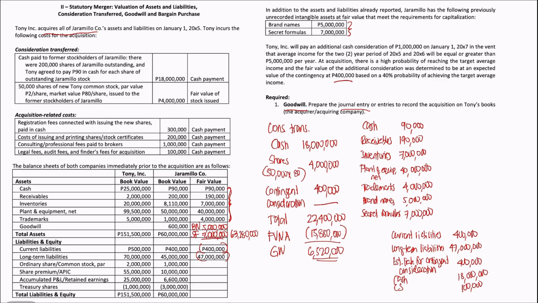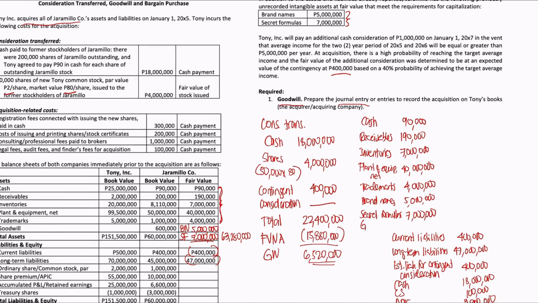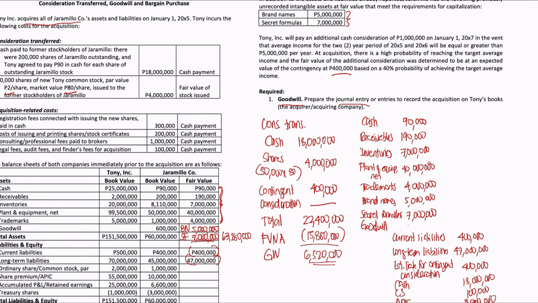Credit also share premium or APIC for the excess of the market value over par value, that's 80 pesos minus 2 pesos times 50,000, 3,900,000. The balancing figure of this journal entry is a debit to goodwill, 6,520,000.